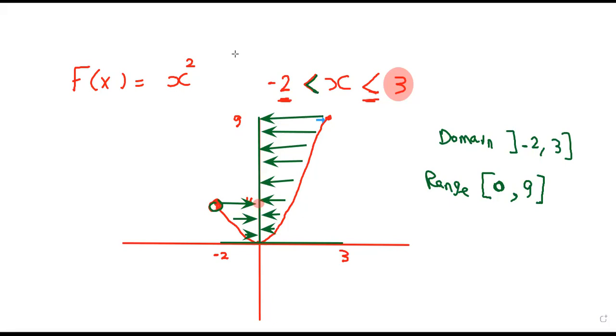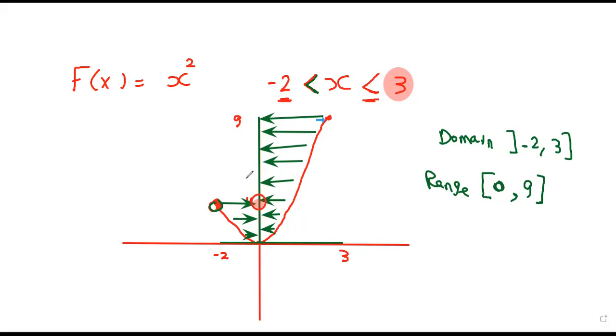Okay, what I mean by that? The span of y for all values of x starts from 0 till reaching 9, but we couldn't find the value of -2. So 4 is not defined in the range.